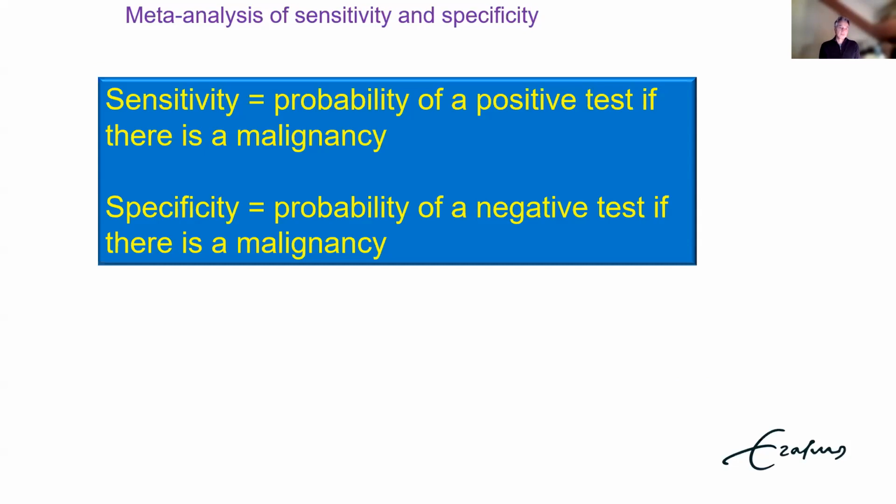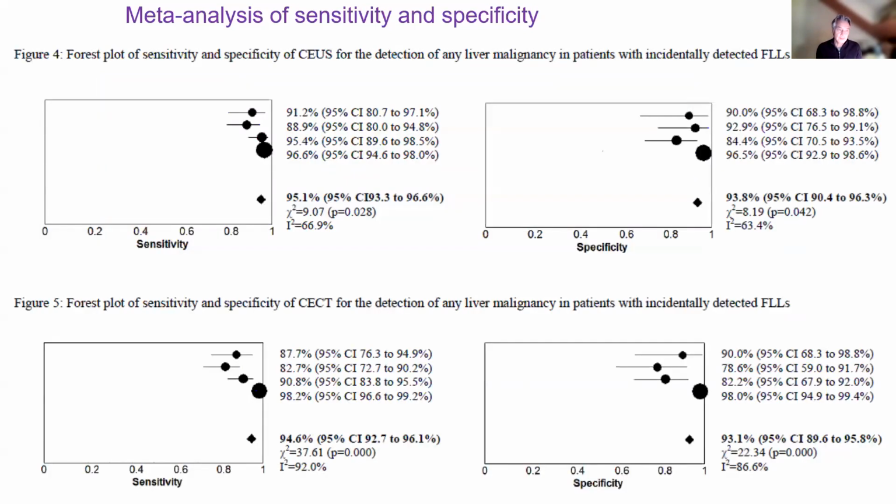And the specificity refers to the probability of a negative test if there's no malignancy. So in both cases, you want 100%, you want to score 100% like many other things, 100% sensitivity and 100% specificity. Now, having said that, I can show you the results that we found in the meta-analysis from the results from the literature.